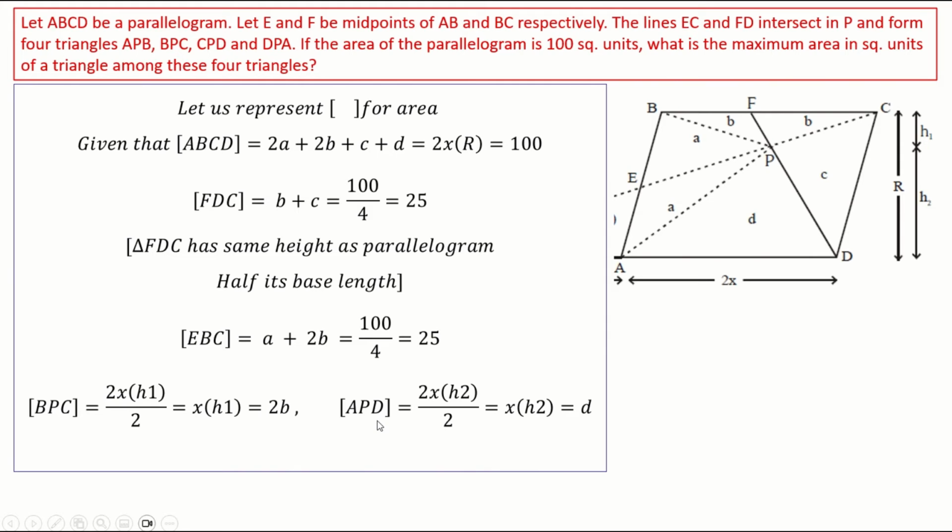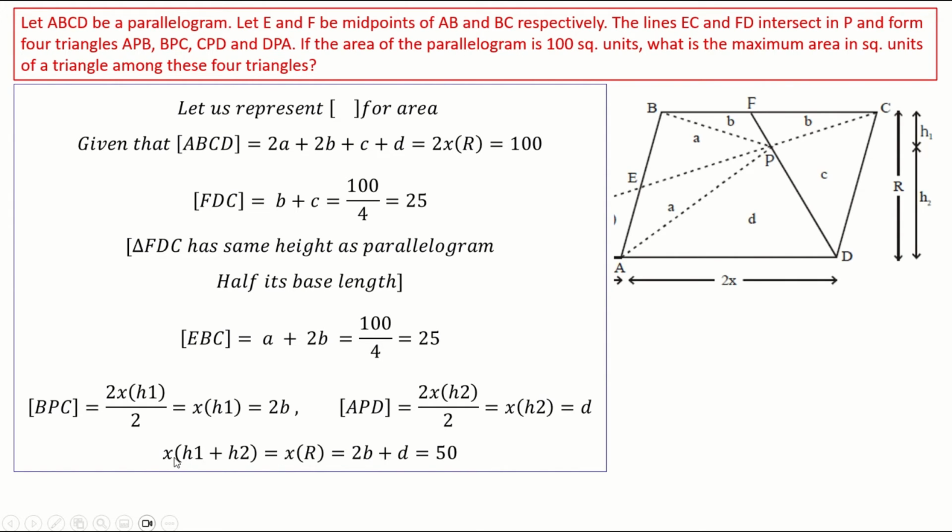APD, that is area of APD, is 2x into h2 by 2, which is equal to x h2, which is equal to d. Okay. Now x into h1 plus h2, sum of these two basically.